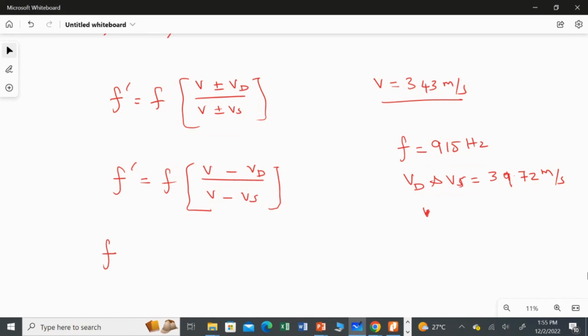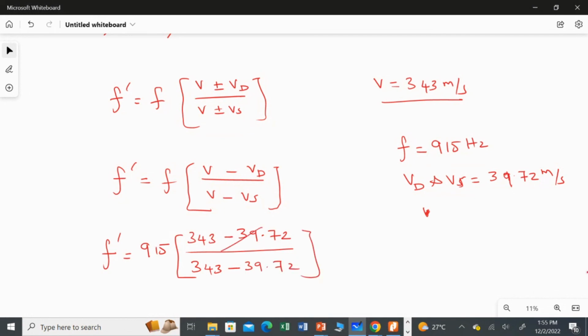So f dash equals 915 hertz multiplied with the speed of the sound in air, 343 minus 39.72, over, in the denominator also, 343 minus 39.72.